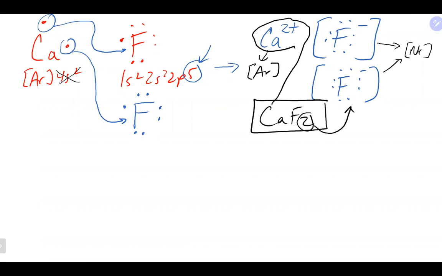And the real reason why when we write a formula for an ionic compound that the charge needs to equal 0 is really this reason here. It allows every element in that ionic compound, when you get it to 0 in the simplest way, to reach noble gas configuration. So that's really the reason why we balance out the charge to 0. It gets everybody to the noble gas configuration.